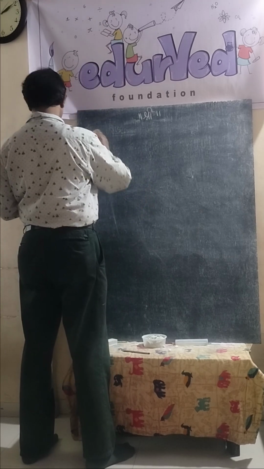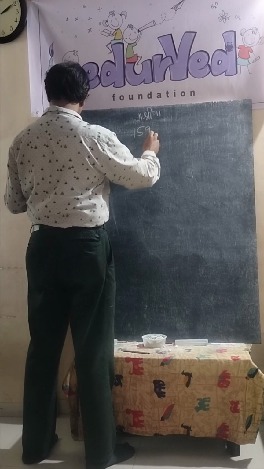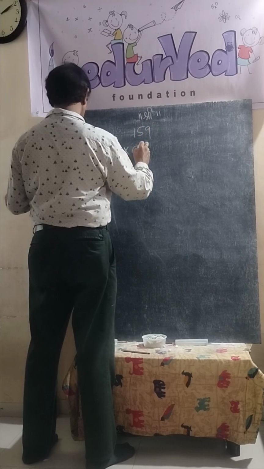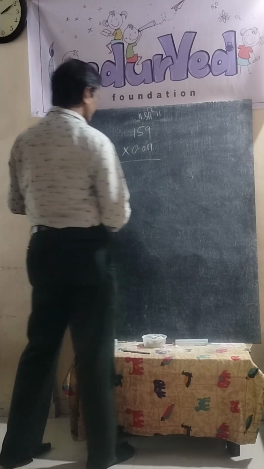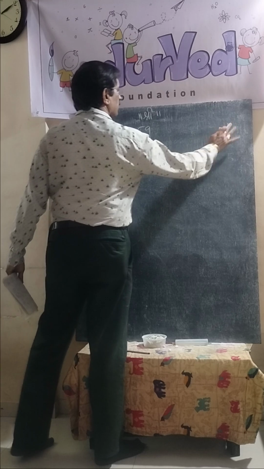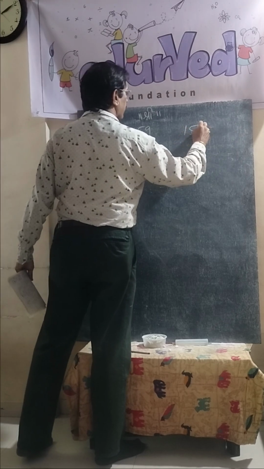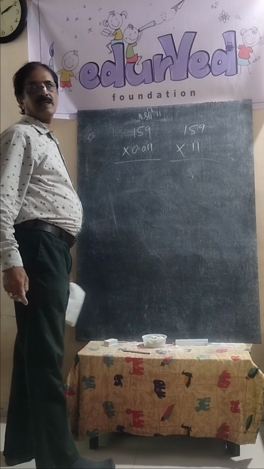The 56th sum was 159 into 0.11. So this is in the category of multiplication of any number by 11, 12.